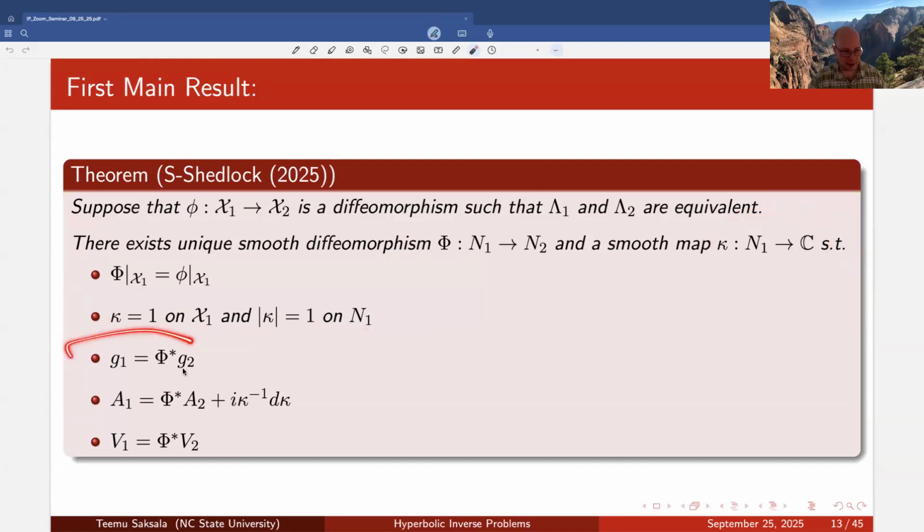My metrics are given by pullbacks. My magnetic potentials are given by the pullback of the first one plus this gauge that we talk about. Sorry, here should be Q. So my Q1 and Q2 are also the same.